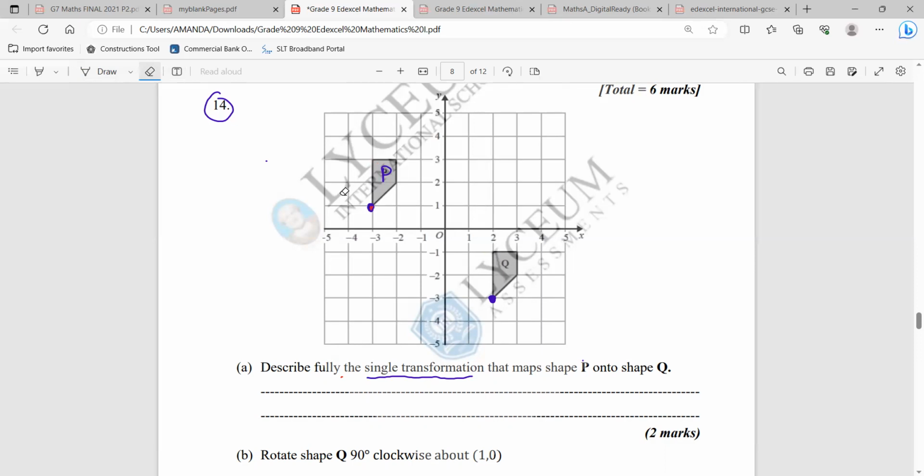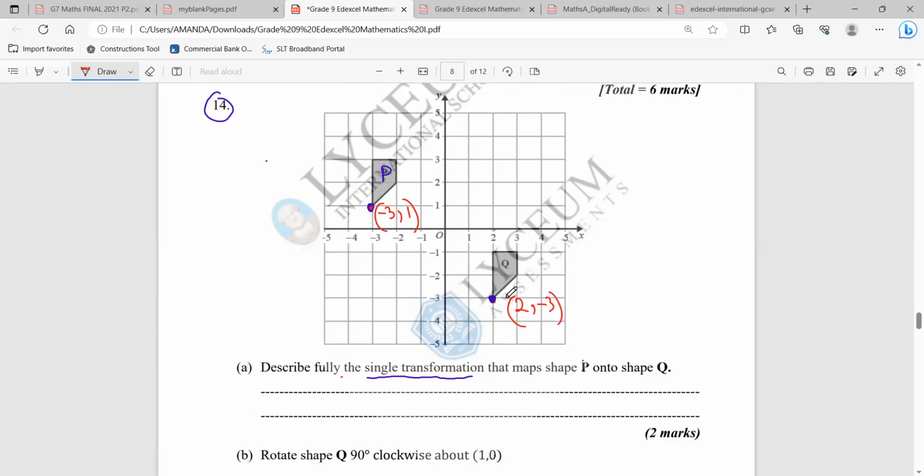I'm going to map the tip. What's the coordinate here? The coordinate here is -3, 1. Here it is 2, -3.